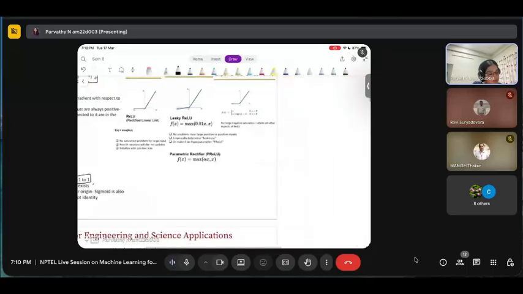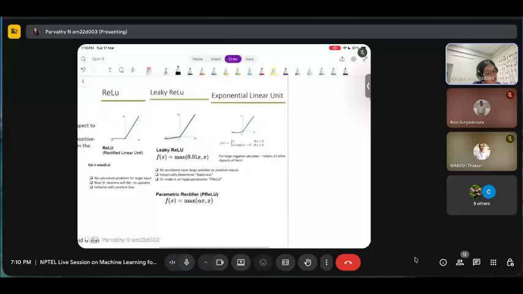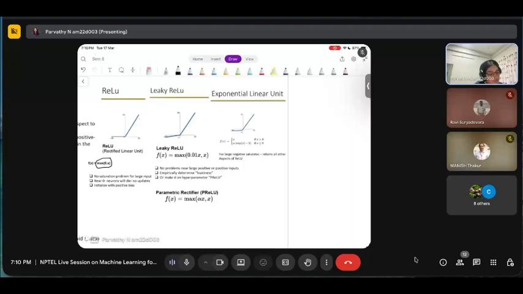Now, some of the other activation functions are ReLU, leaky ReLU, and ELU. ReLU is given by maximum of 0, x. That means when the x value is positive, it's like an identity function. It will give whatever x is given as input. And when the x value is negative, it will output 0.